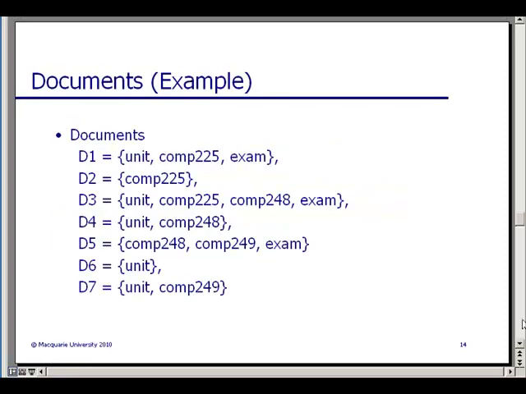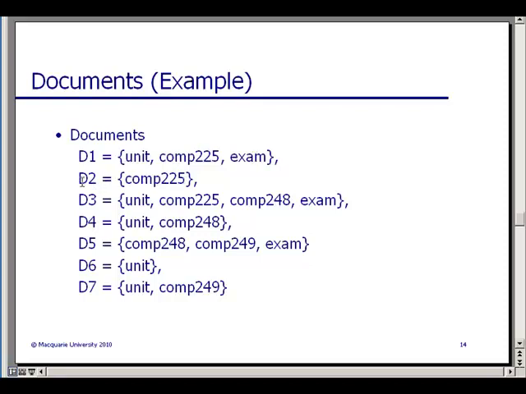Okay, so what you see here is an example. I have a number of documents, D1, D2, D3, D4, D5, and so on, and I would like to give you an idea of how Boolean queries work. Document 1 contains the words unit, COM225, exam.